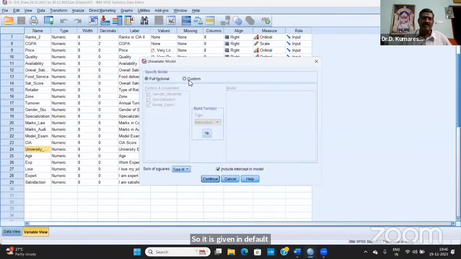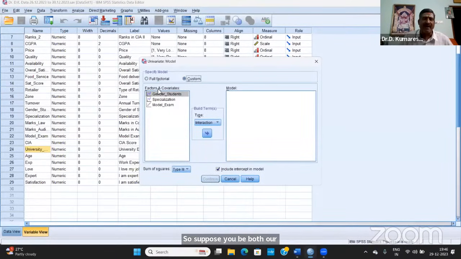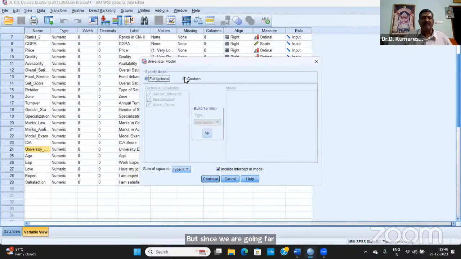Suppose if we go for custom model, we have to define the factors and covariates in the model here. But since we are going for full factorial model, there is no need for custom. Then come to sum of squares. Type 3 is given in default.